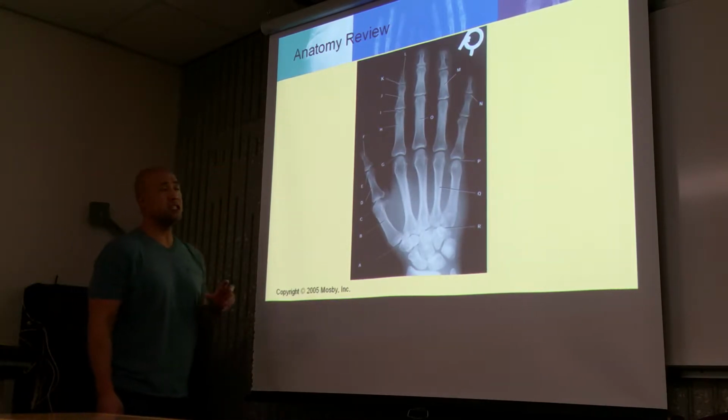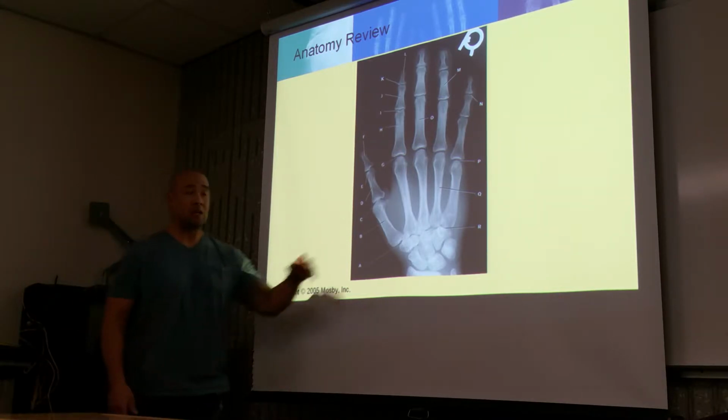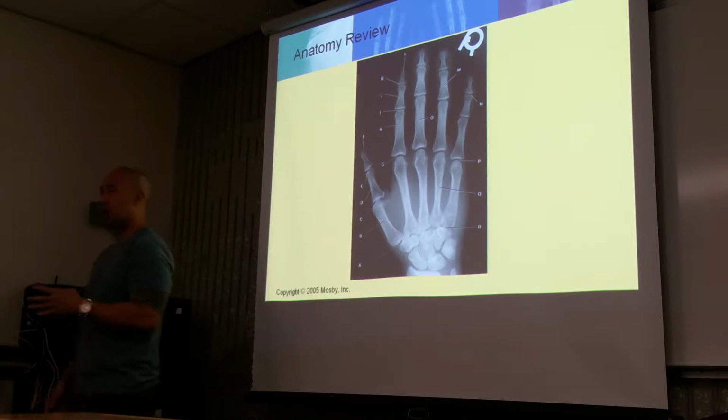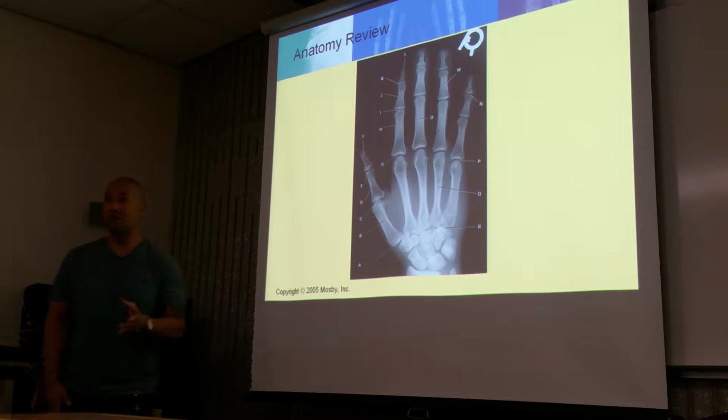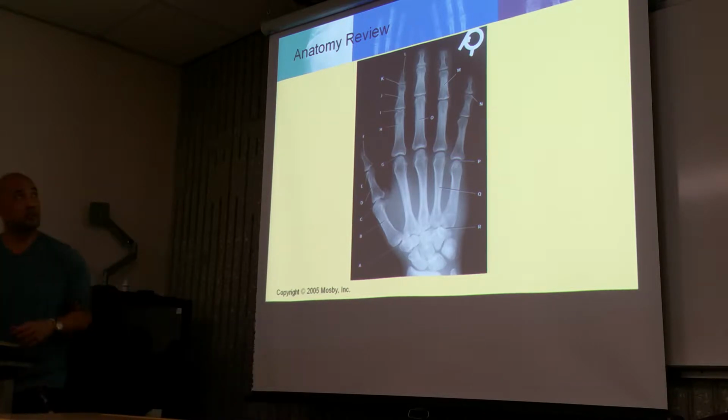What is the articulation between the phalanges and the metacarpals called? MCP, the metacarpal phalangeal joints. And then the articulation between the metacarpals and the carpals? CMC, carpal metacarpal joints. Very good. All right, any questions?